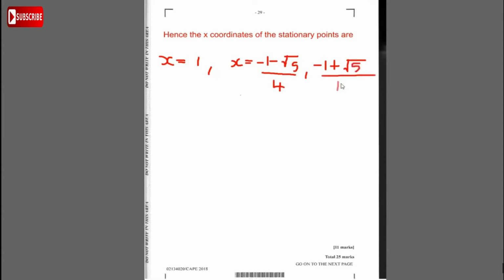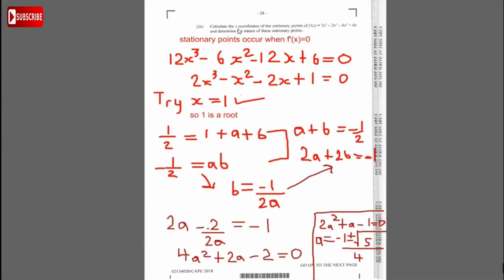So these are the three x coordinates of the stationary points. They didn't ask us to find y, they only said x coordinates.